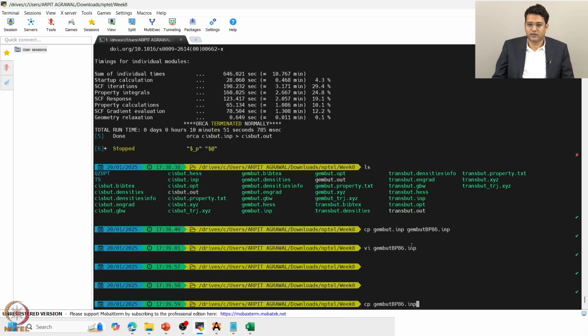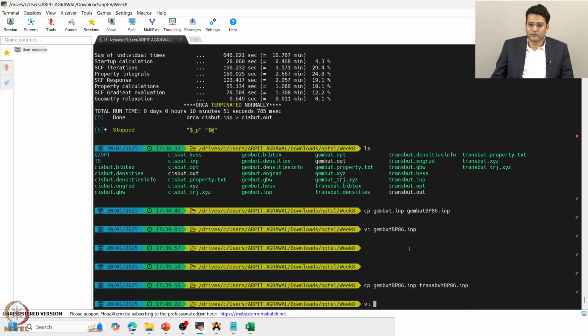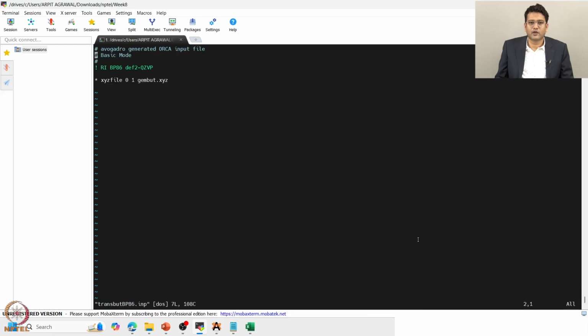Similarly, I can make it a transbut BP86.inp. So the only thing I need to change is the name of the XYZ file.